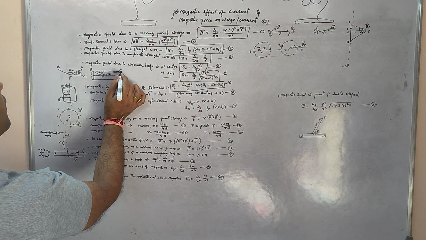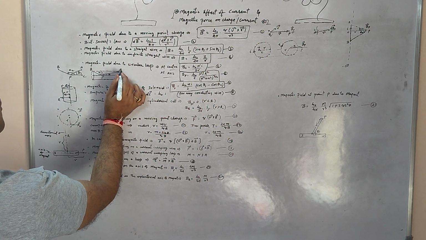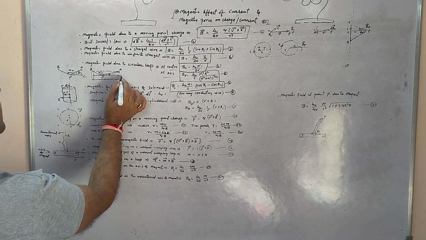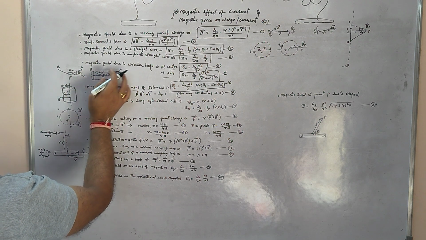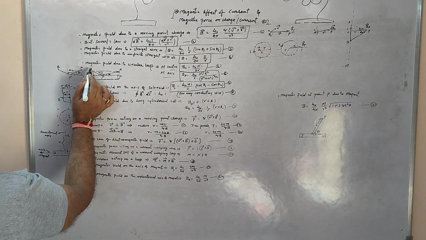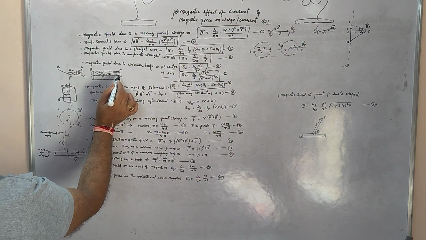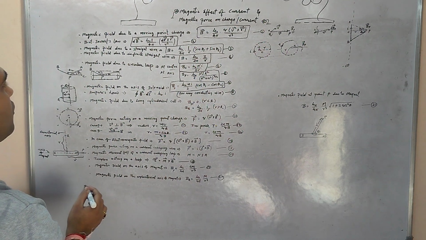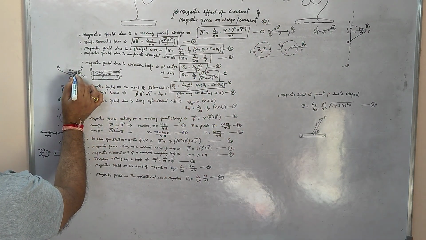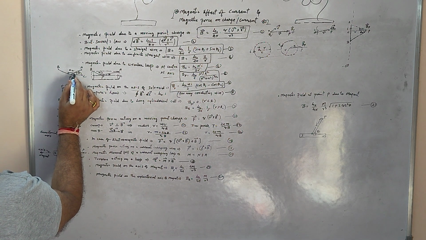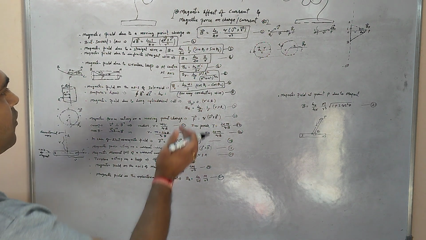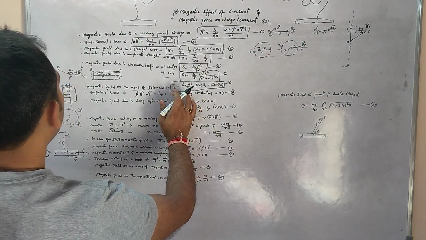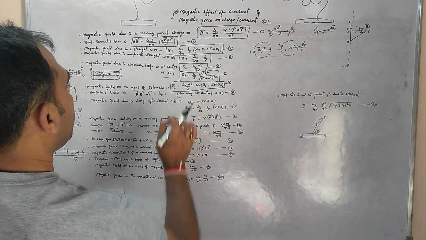Then the angle made by APC will be theta 1, and BPC will be theta 2. So this is theta 1 and this is theta 2. Now we will find the value of magnetic field.